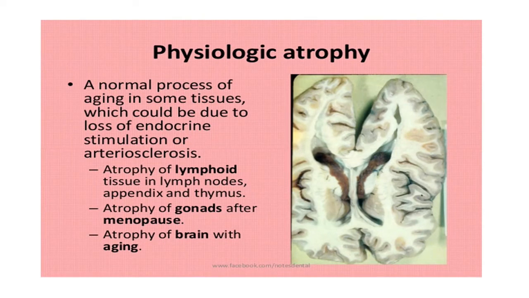Atrophy of gonads after menopause, so your gonads will be shrinking. Atrophy of the brain with aging. As you are aging, your brain will be atrophying, becoming smaller and smaller. That's why it is susceptible to certain conditions, okay? Amnesia and all this.